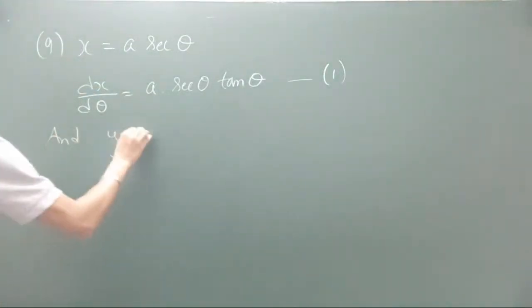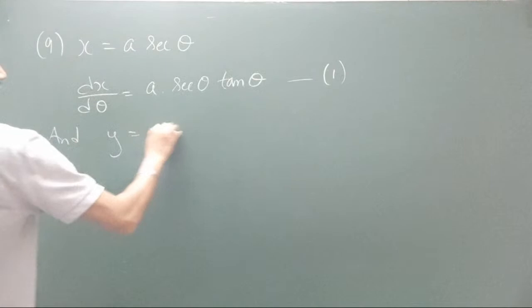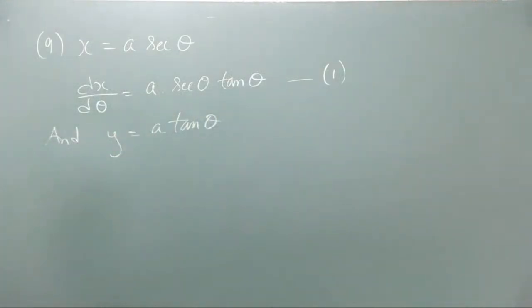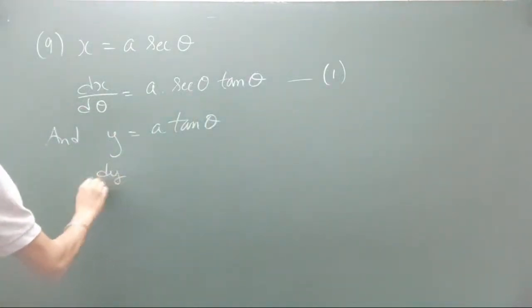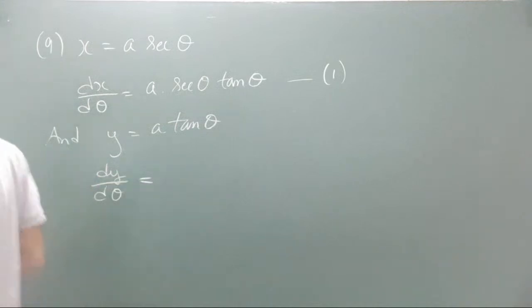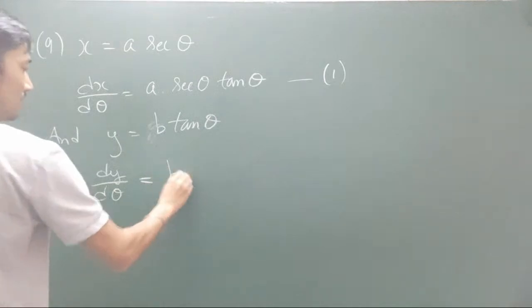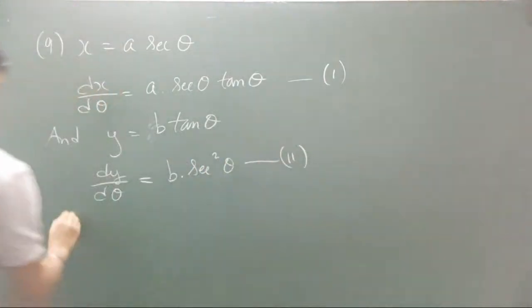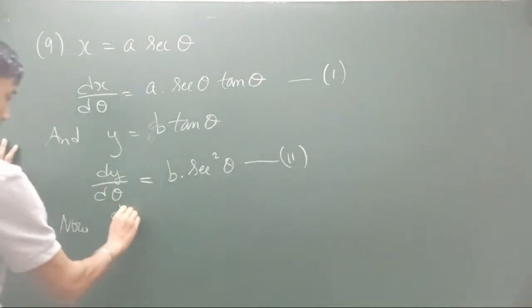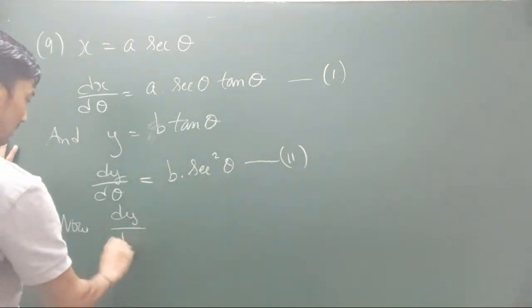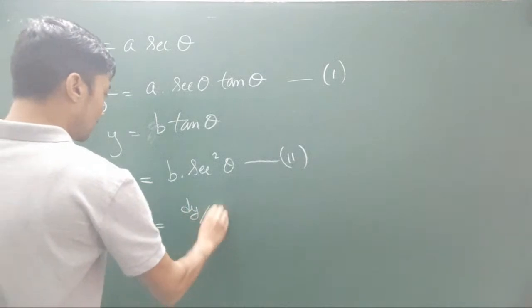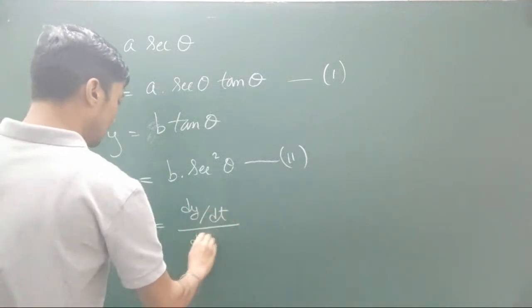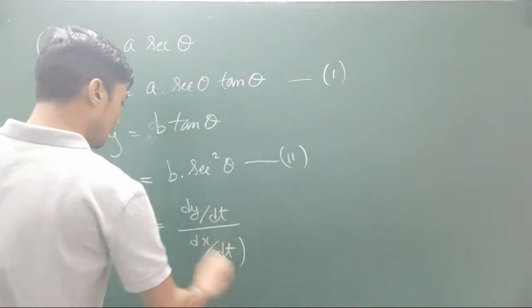And y is b tan theta, if I'm not mistaken. Chalo, so dy by d theta would be equal to b, derivative of tan theta is sec square theta. So now dy by dx, that is dy upon d theta divided by dx upon d theta.